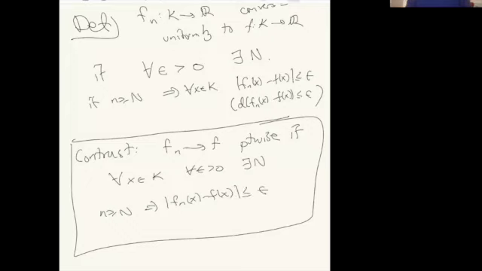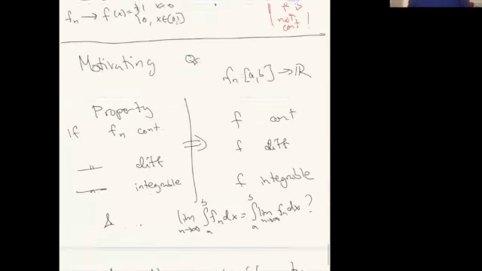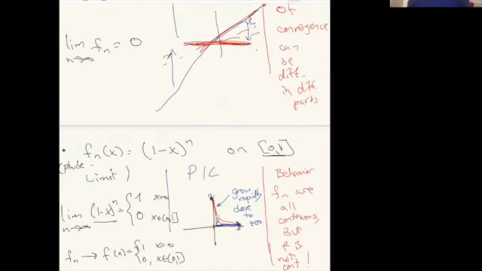But here, you require that the same N works for all x, whereas there the N can depend on x. An example is this sequence. It converges pointwise, but not uniformly.